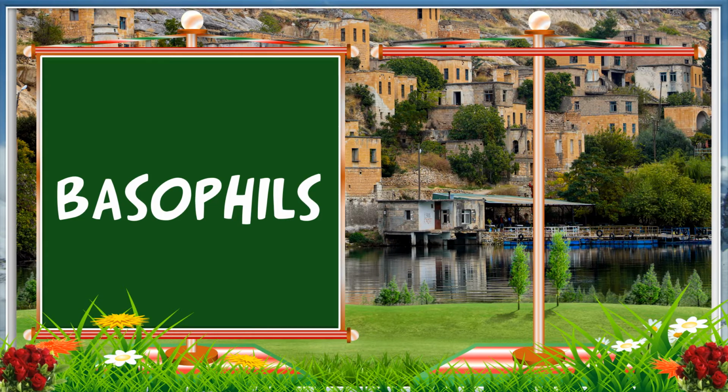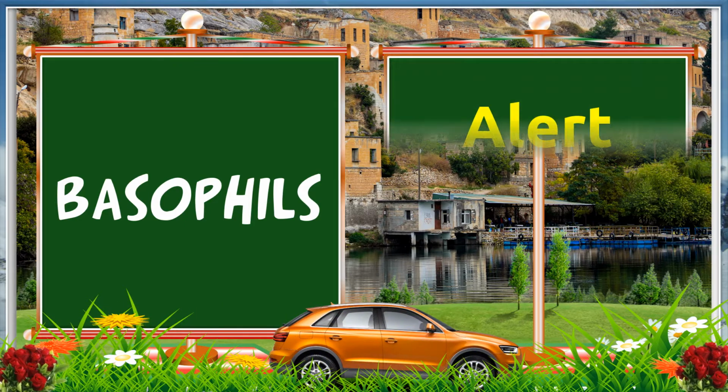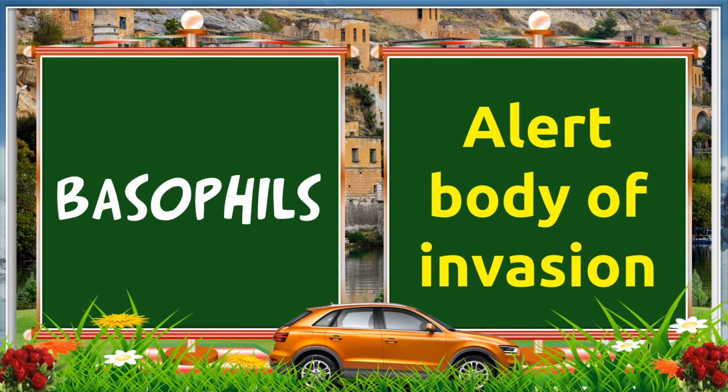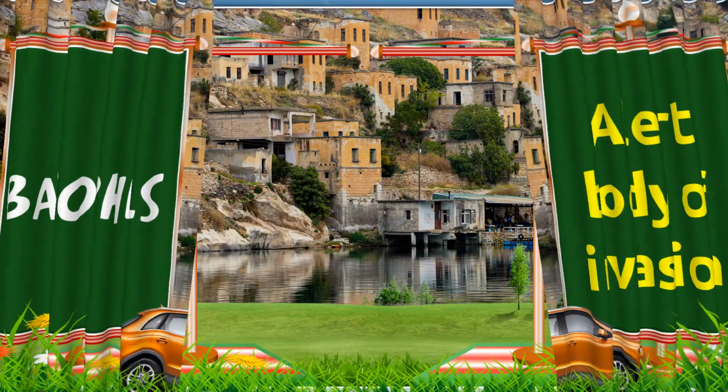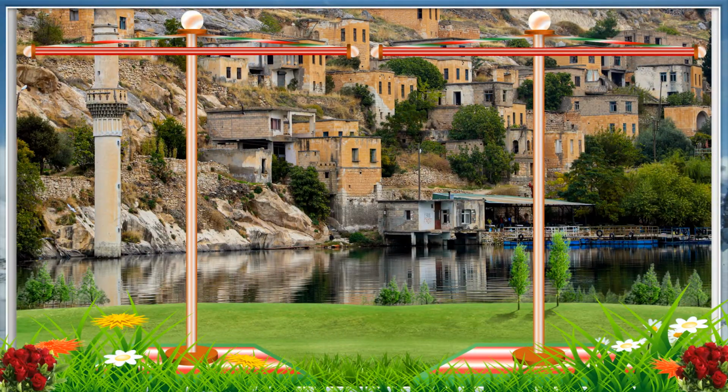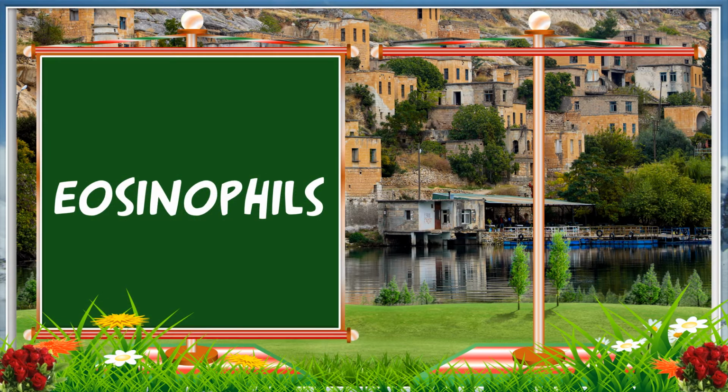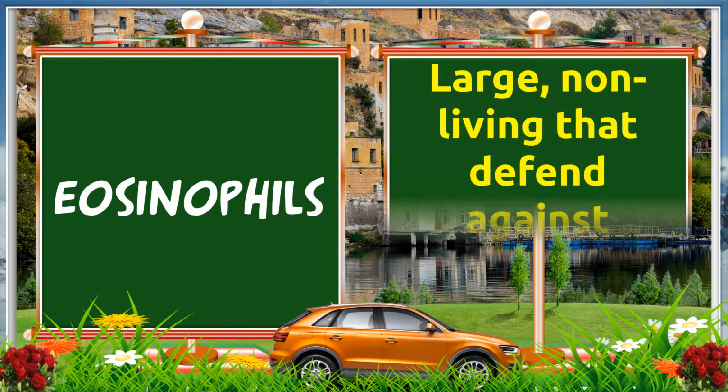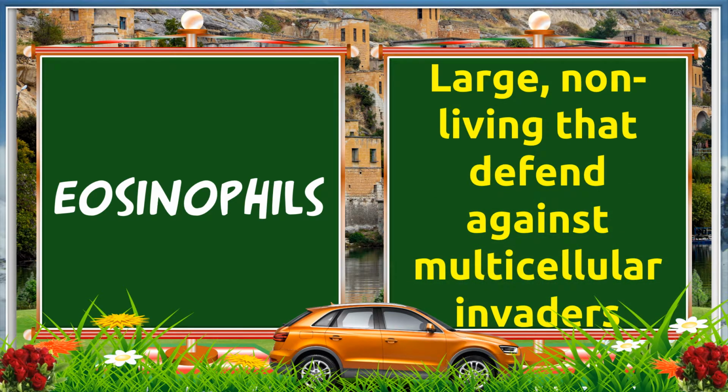Basophils: these alert the body of the invasion. Eosinophils: these are large, non-living cells that defend against multicellular invaders.